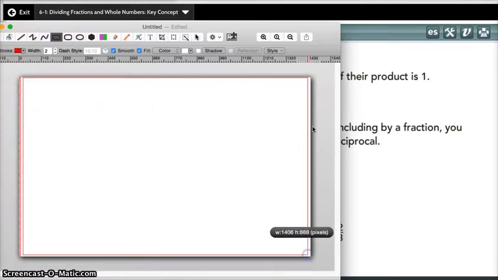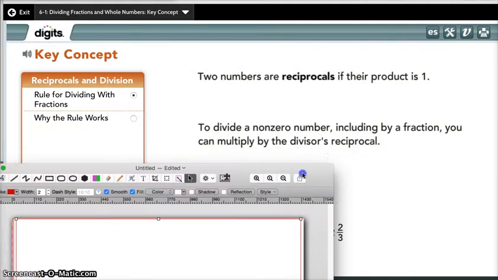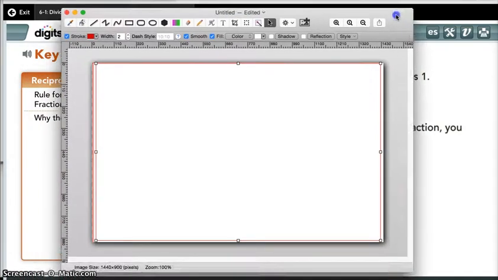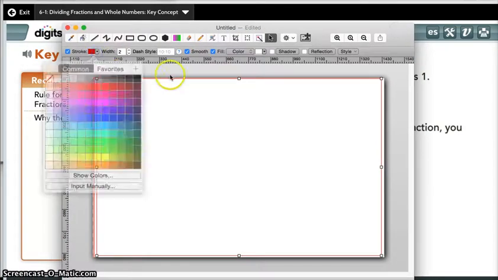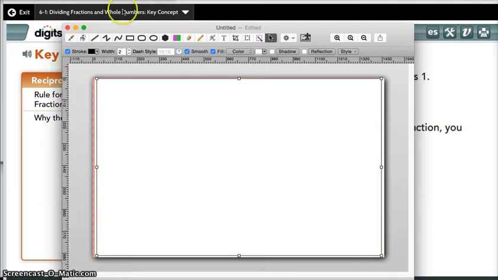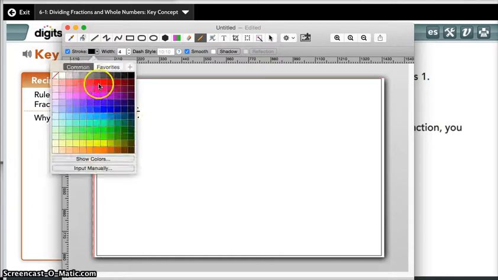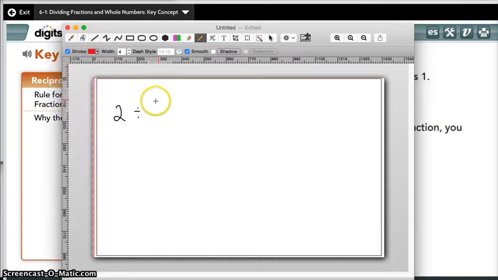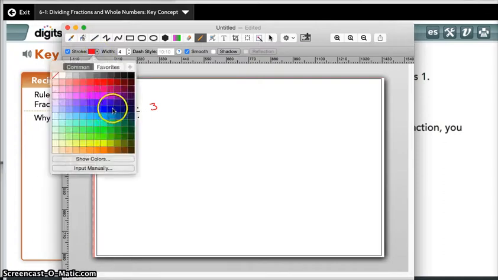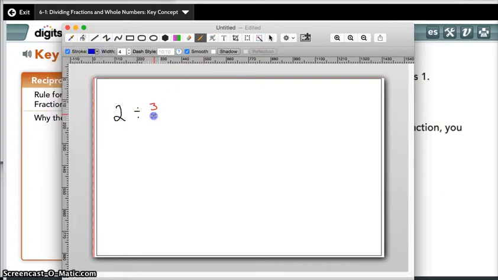Okay, sorry for that little delay. So we're going to do 2 divided by 3/4. So let me grab my black pen, and we're going to say 2 divided by 3/4. I'm going to write my numerator first in red, and then my denominator in blue. 3/4. And I need that fraction bar, that division bar, 3/4.